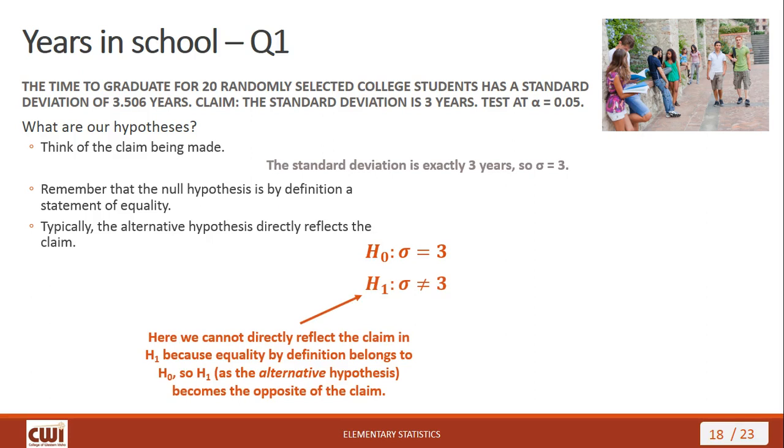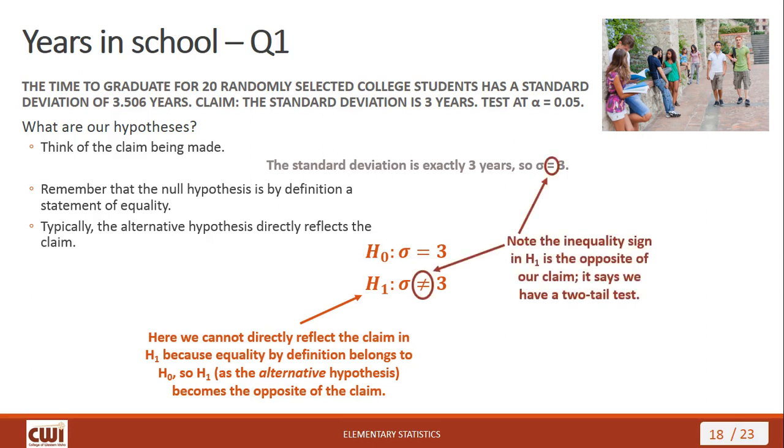We cannot directly reflect the claim in an alternative hypothesis because equality belongs to the null hypothesis, so we have to write the opposite or the complement of our claim. Notice that we now do not have a match between our claim and our alternative hypothesis. Using that not equal to sign in our alternative hypothesis tells us we now have a two-tailed test.